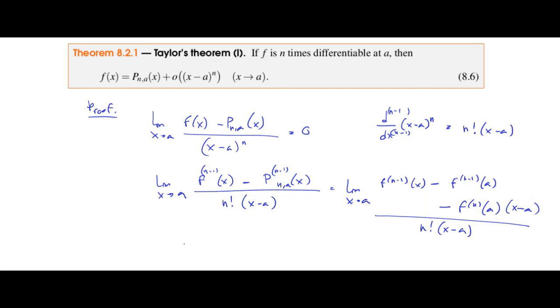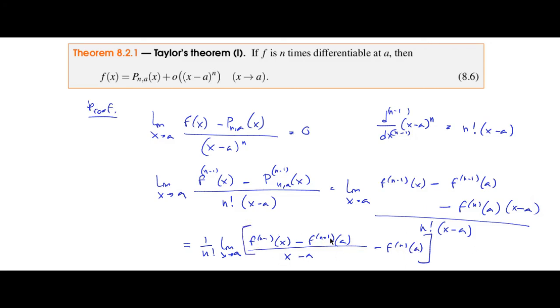And so now we can take the factorial out. This is the limit of the n minus 1 derivative of f at x minus the n minus 1 derivative at a, divided by x minus a, and then minus the nth derivative at a, right? I'm just expanding these two things.